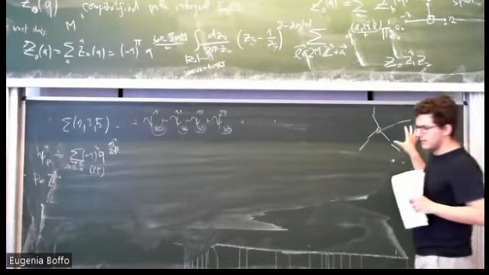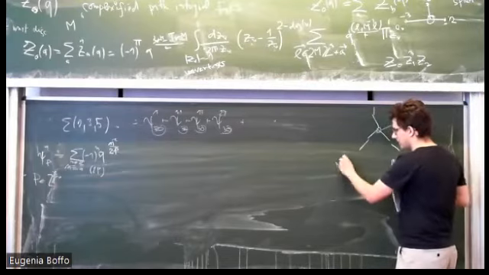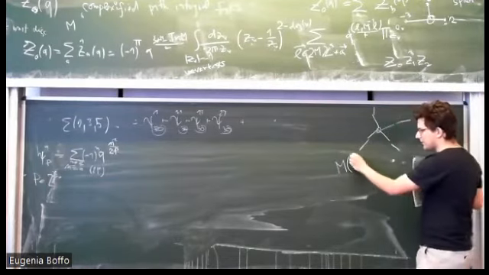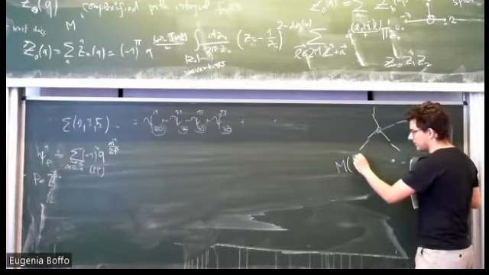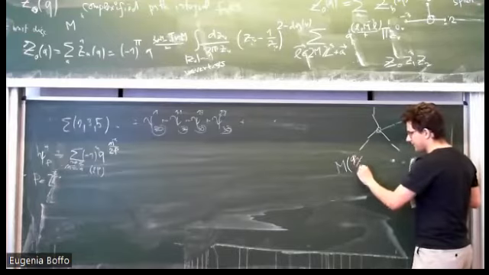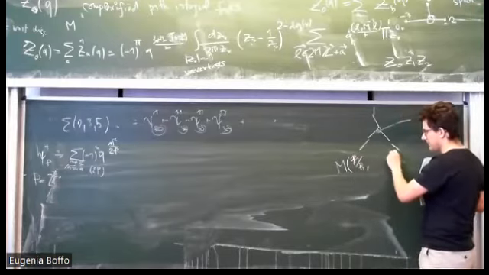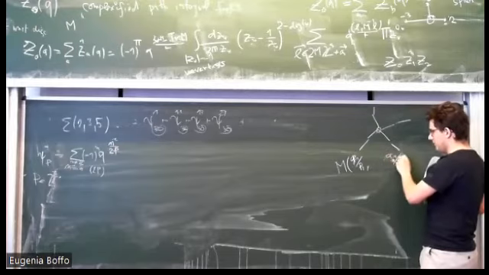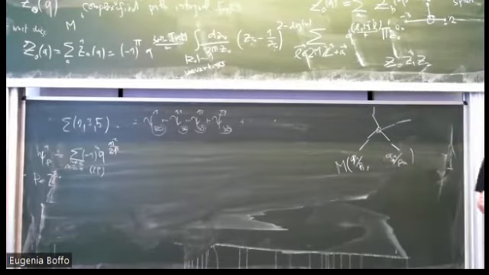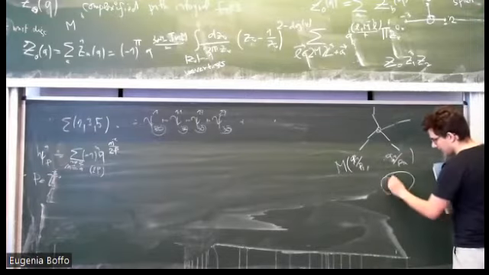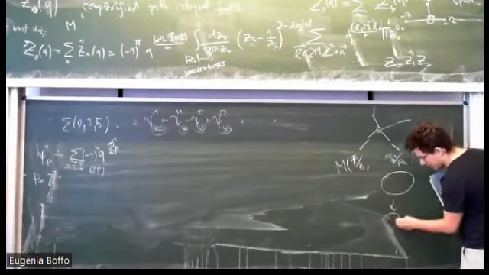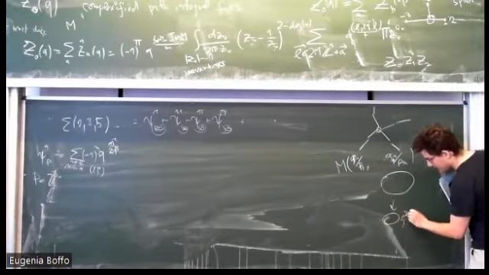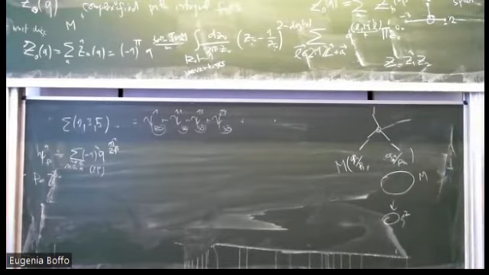The Seifert manifold can be described in terms of so-called Seifert data, which is a bunch of fractions. This is a special kind of manifold which fibers over a surface. Here is S2, and here is this manifold.